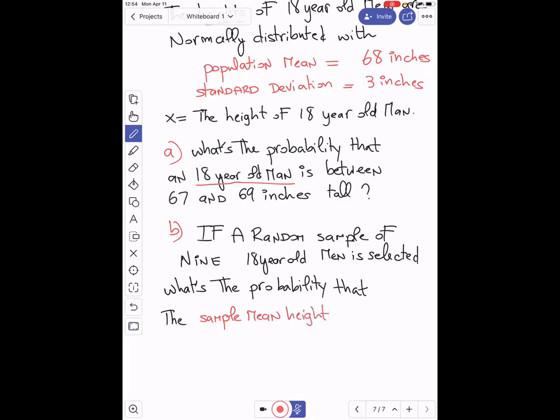We have this sample of 9 people, or 9 18-year-old men. So what's the average height? What's the probability that the average height, x bar, the sample mean height, is between 67 and 69 inches?